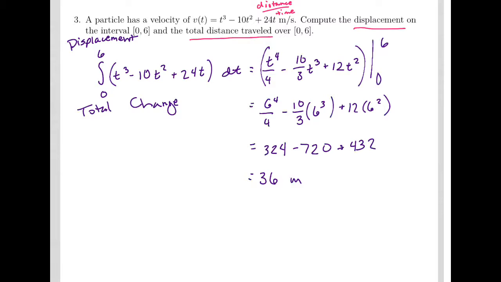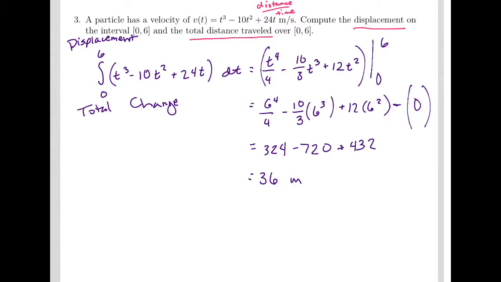Okay. So this is our displacement. It's 36 meters. If you notice, I didn't plug in 0, so really what I should have done is minus and then plugging in 0. But whenever you plug in 0 for t, you're just minusing 0. So always pay attention, see if that always works. It doesn't. Sometimes you end up with an antiderivative where plugging in 0 is not 0. Think trig functions. But in this case, it is. And so we get that the total displacement is 36 meters.